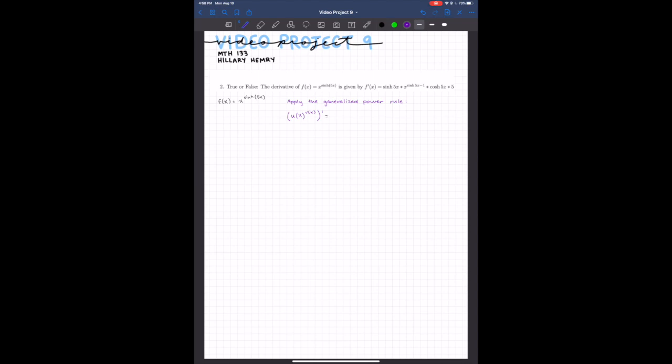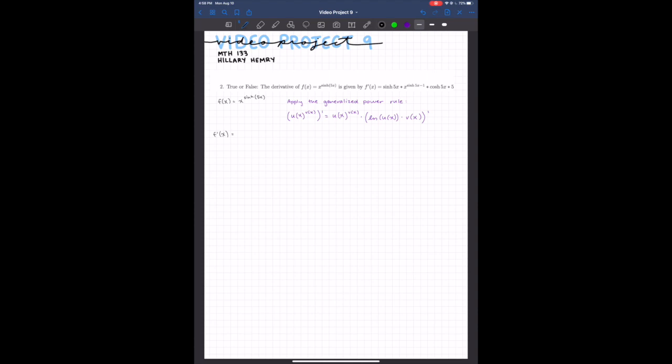This rule is saying essentially that if you have u of x to the v of x, and you want to take the derivative of that, we can state that as that original function, so in that case it's going to be x to the sinh of 5x power, and then we're going to multiply that by the natural log of u of x, in this case x, and then multiply that by v of x, in this case sinh of 5x, and then we're going to take the derivative of that entire thing.